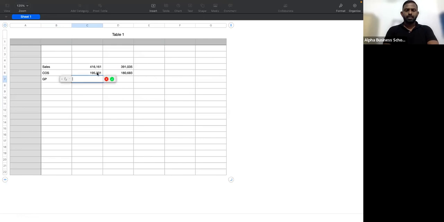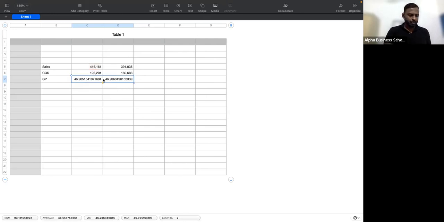So GP of Apple this year, into 100, is 46%. Last year also it's 46%.